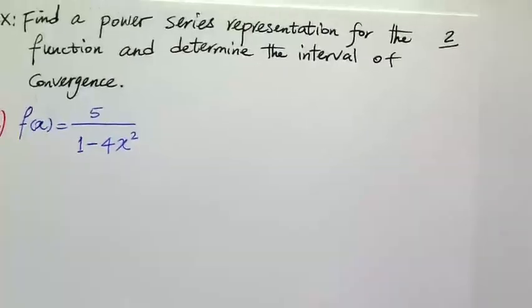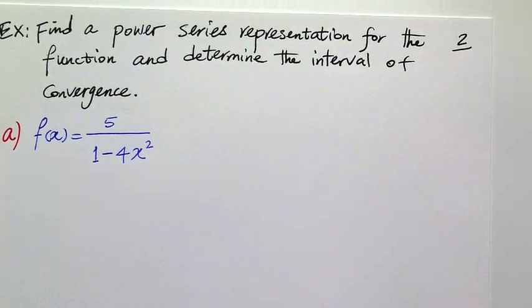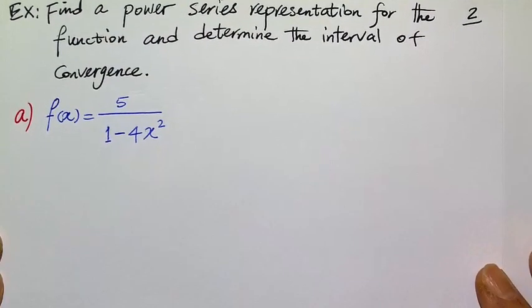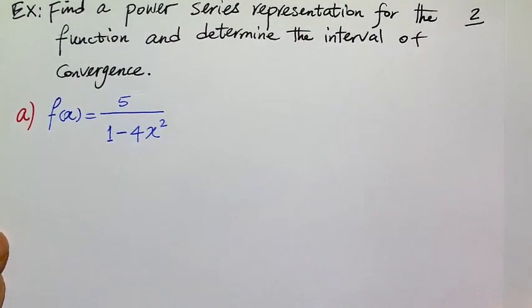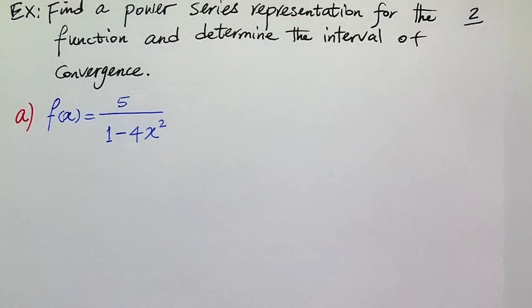So let's do a few basic examples of this, applying that power series, and then after that we will shift to applying the same method to taking derivatives and integrating functions.